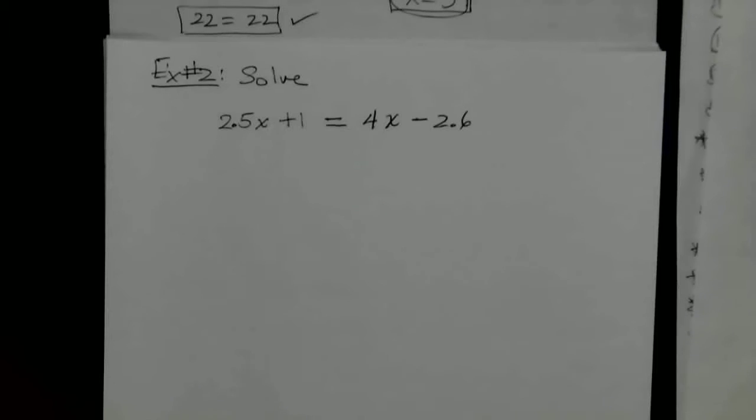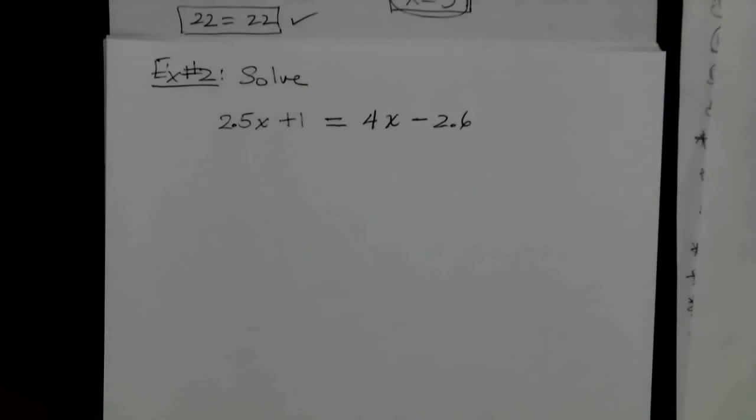So the 4x minus 2.5x is 1.5x. Then 1 equals 1.5x minus 2.6.